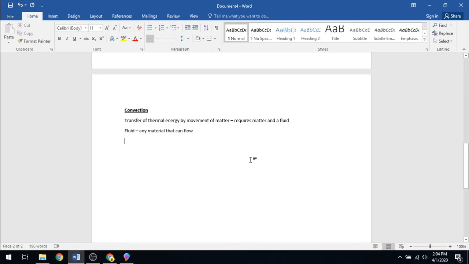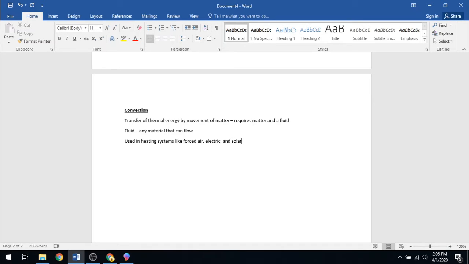There are a couple of different heating systems that use convection, like forced air, electric, and solar.